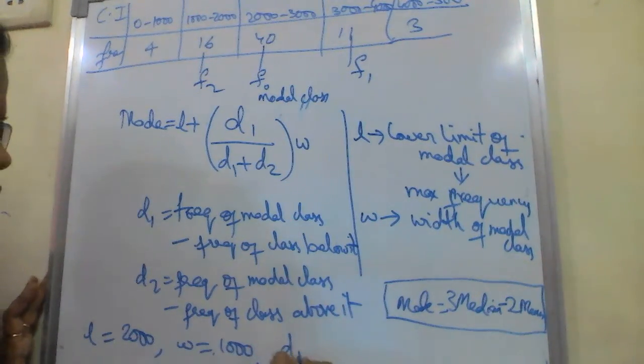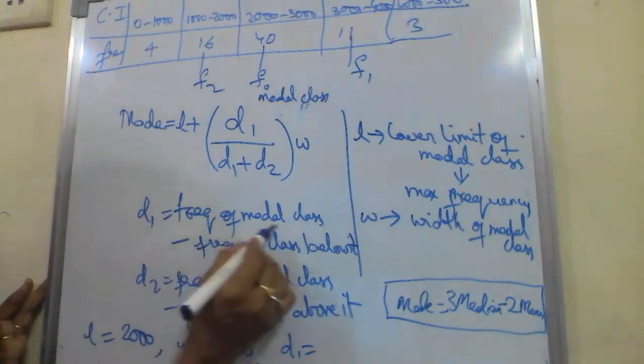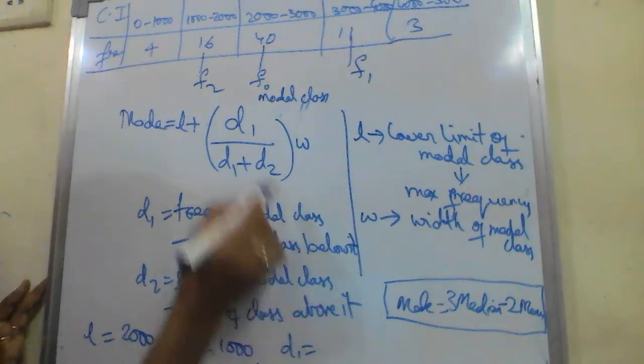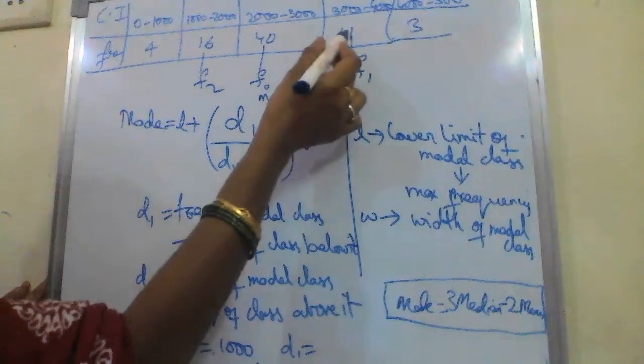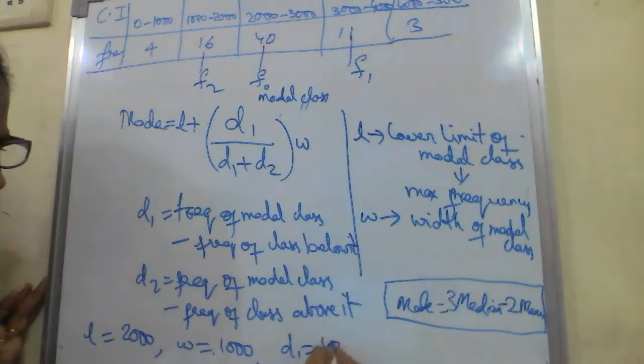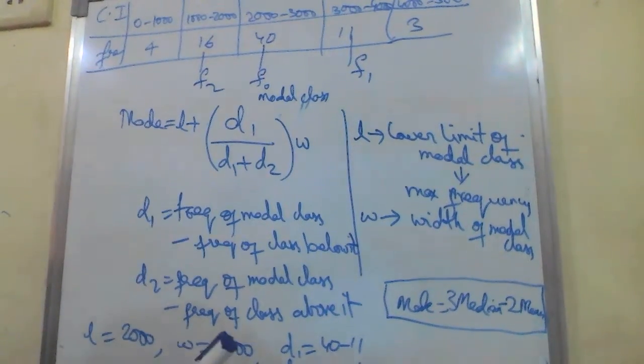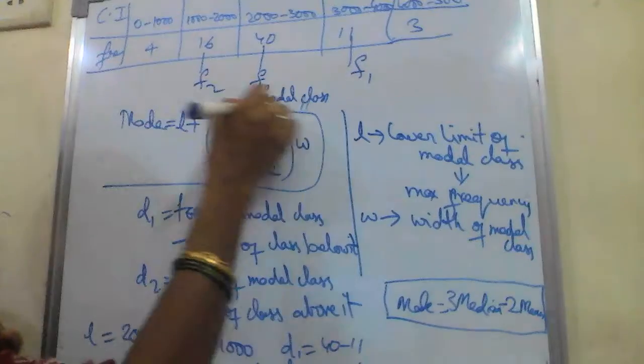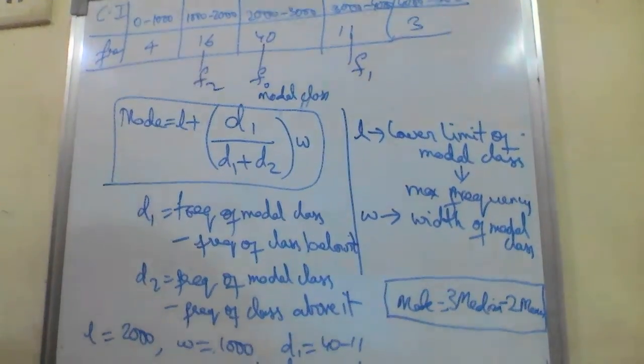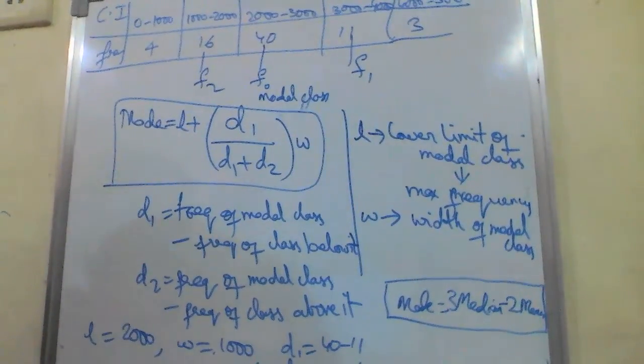Then D1 and D2 you have to find. D1 is the frequency of the modal class minus the frequency of the class below it, so 40 minus 11. And D2 is 40 minus 16. Just find these values and substitute in this mode formula. That gives you the mode of the distribution.